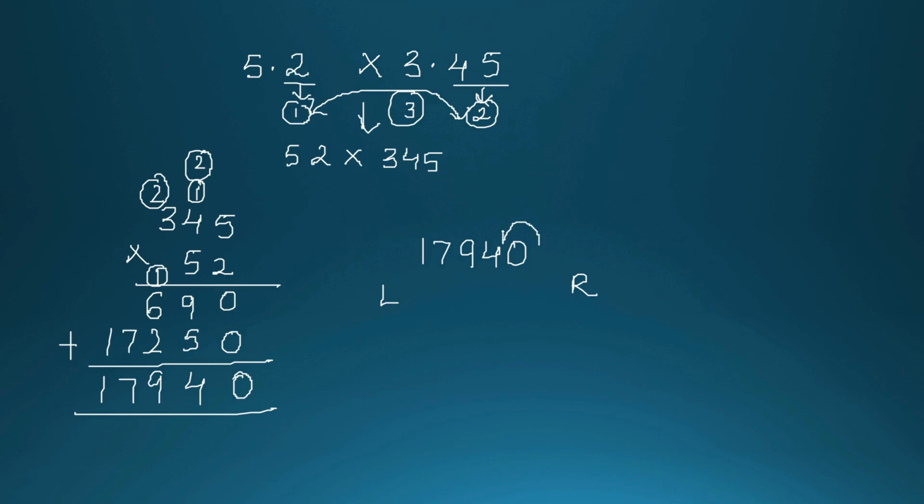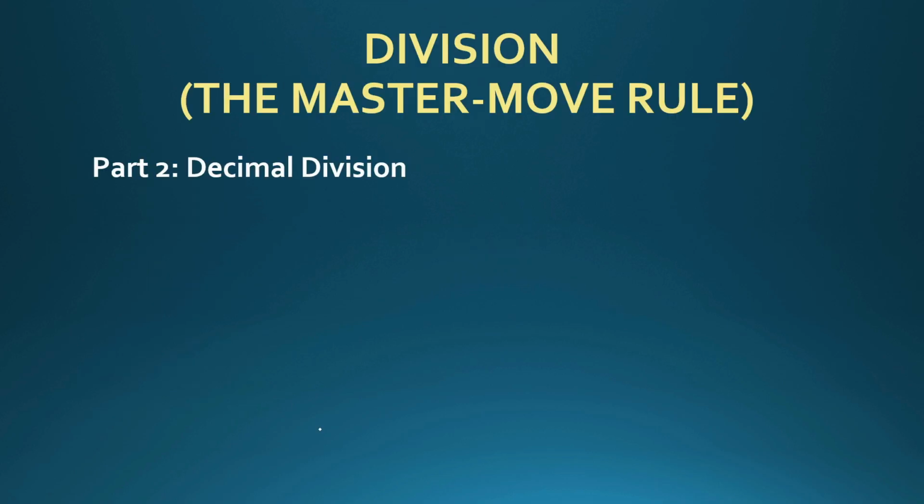So 1 jump, 2 jump, 3 jump. So the decimal needs to come between 7 and 9. My answer is going to be 17.940.